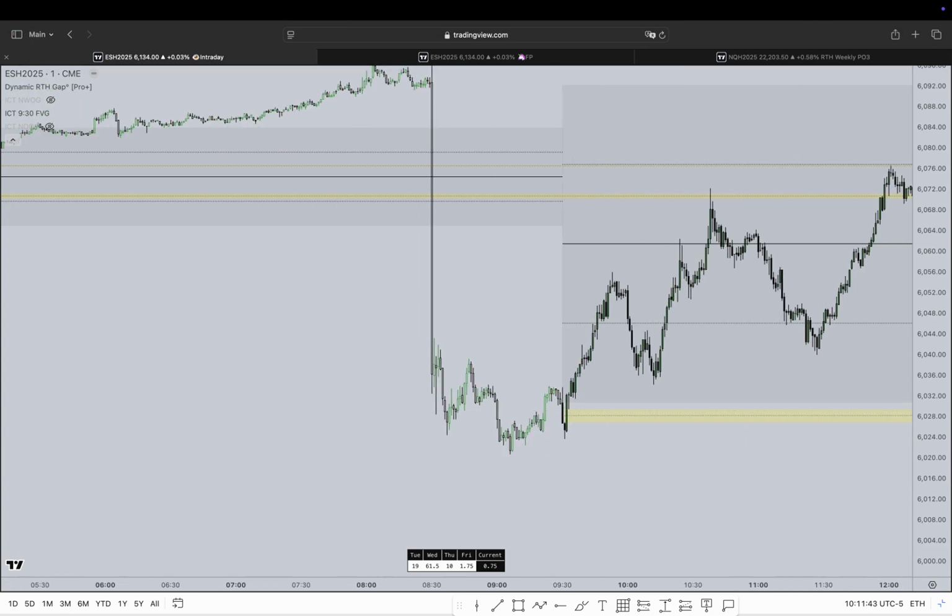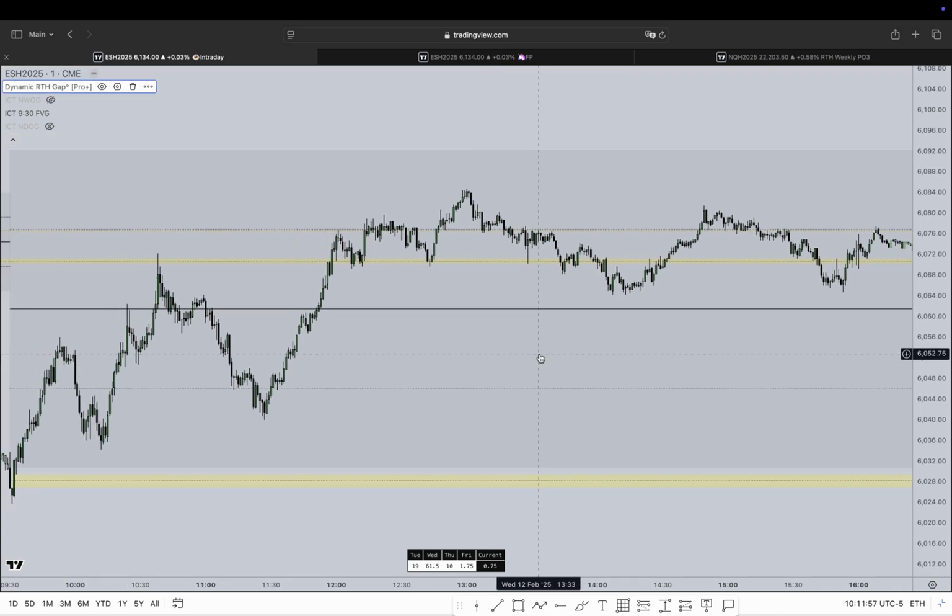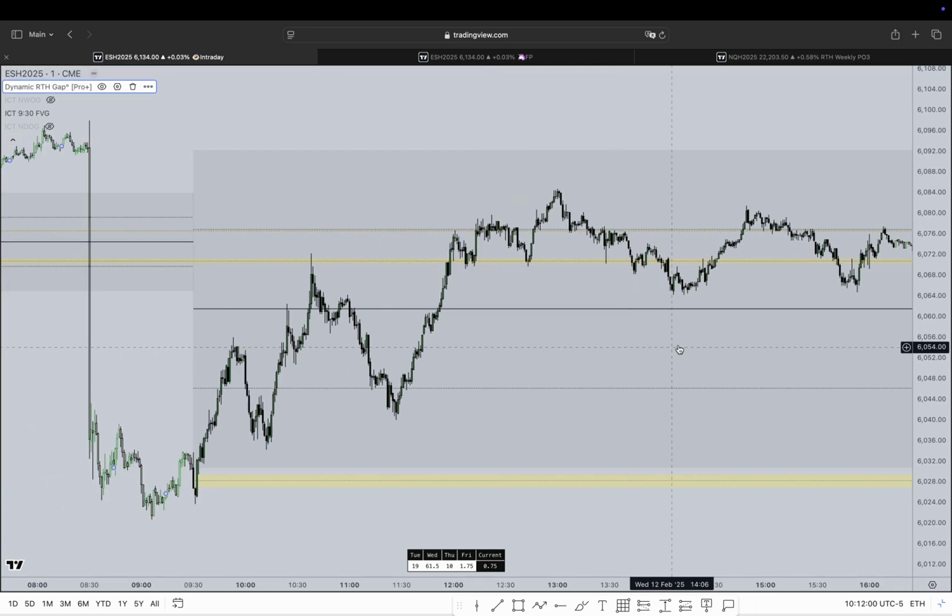Look, the deception high and low is set between 9:42 and 10:10. Partials around 10:25 and 11:10, and the final distribution from that leg is around 11:25 and 11:37.